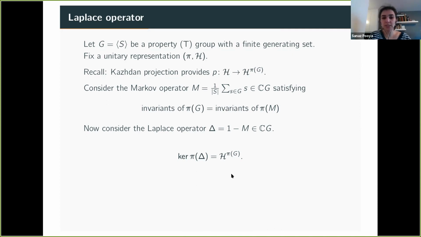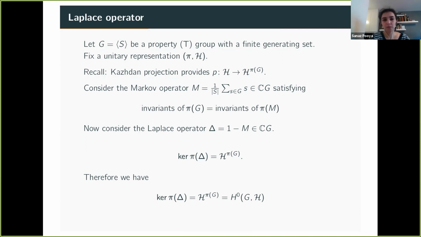One last remark is that we can further identify the set of invariant vectors with the 0th degree cohomology, because the 0th degree cohomology gives us the invariant vectors.